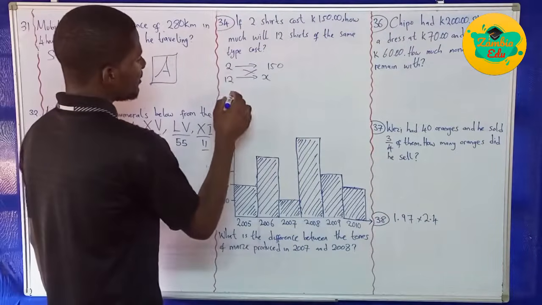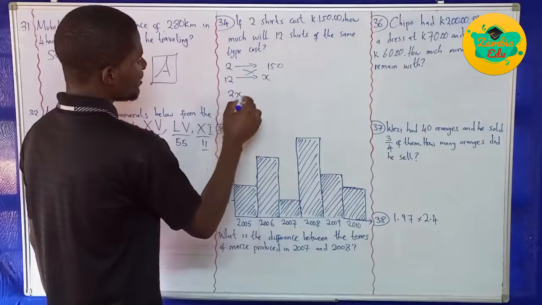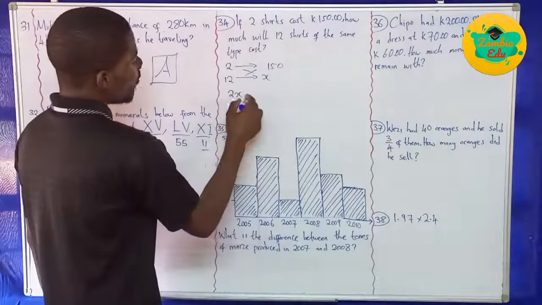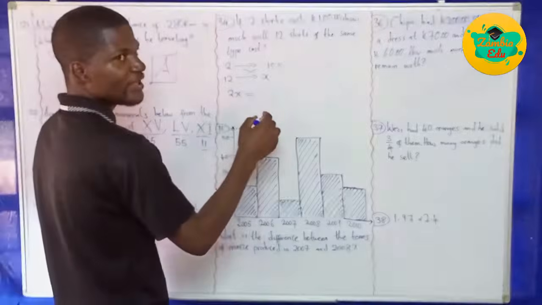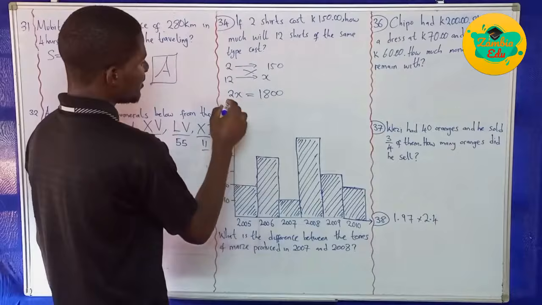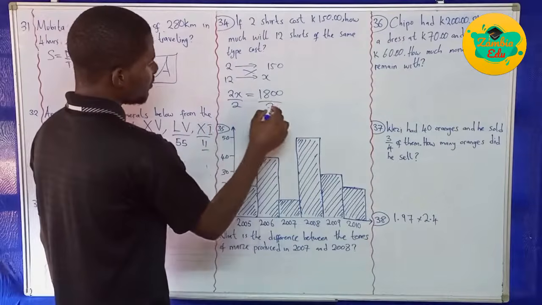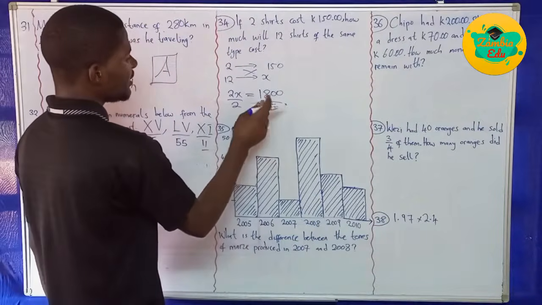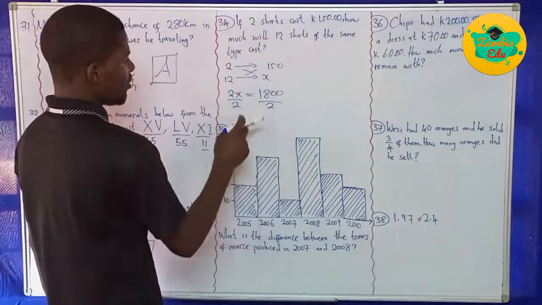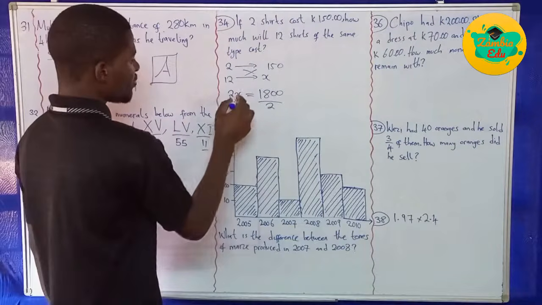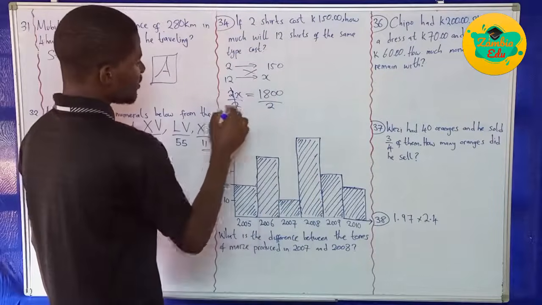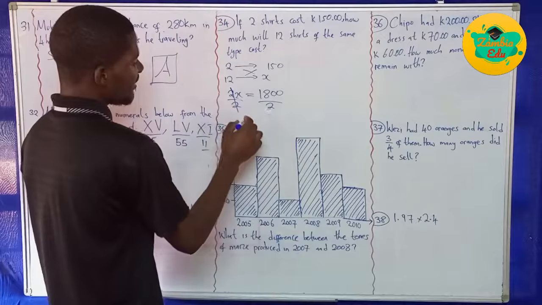So 2 times X gives us 2X. Then 12 times 150 gives us 1,800. So that will be over 2, since we just want to have the value of X. So 2 and 2 cancel each other there.